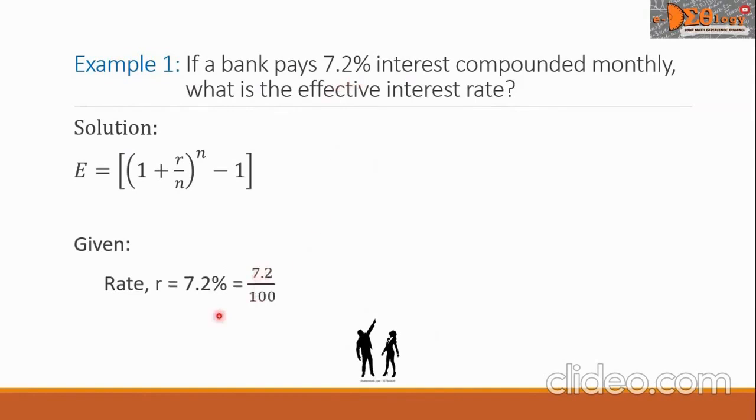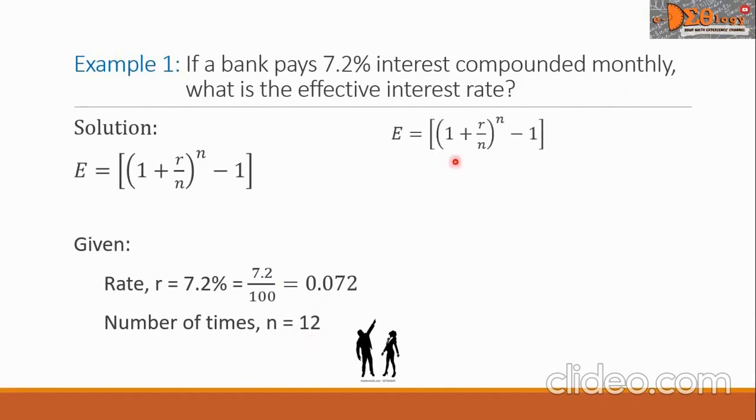Next, we're going to convert this percent into decimal. So we will have the 7.2 over 100, and the quotient will give 0.072. Next is the number of times the interest is compounded. It is written here monthly, so we will write n equals 12.